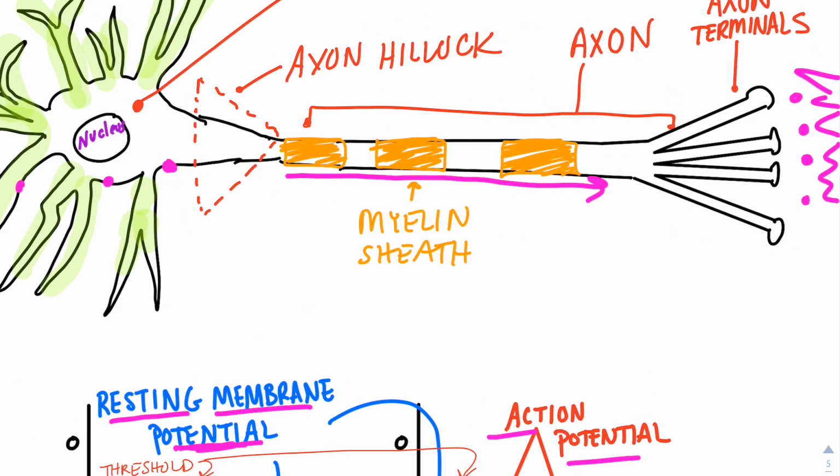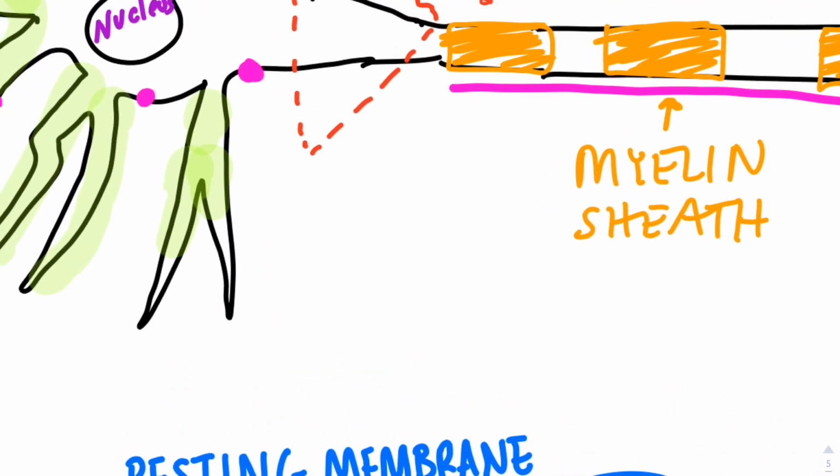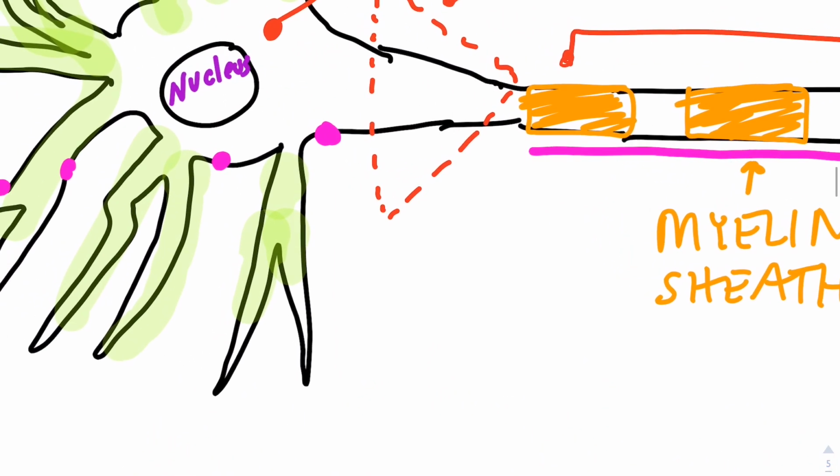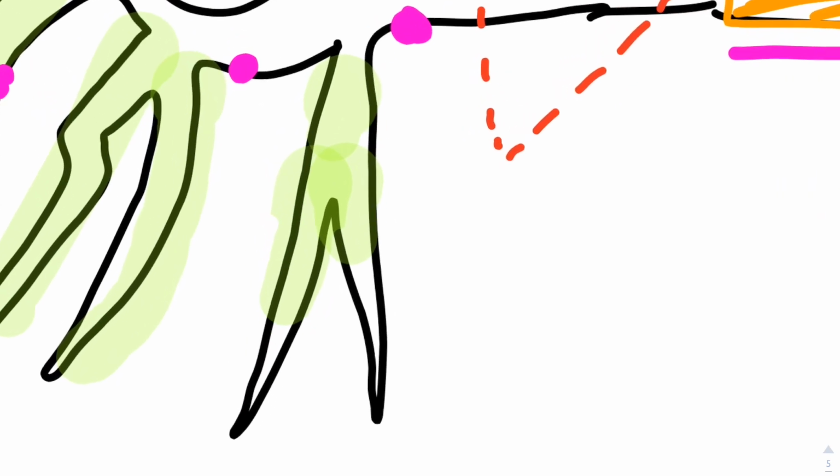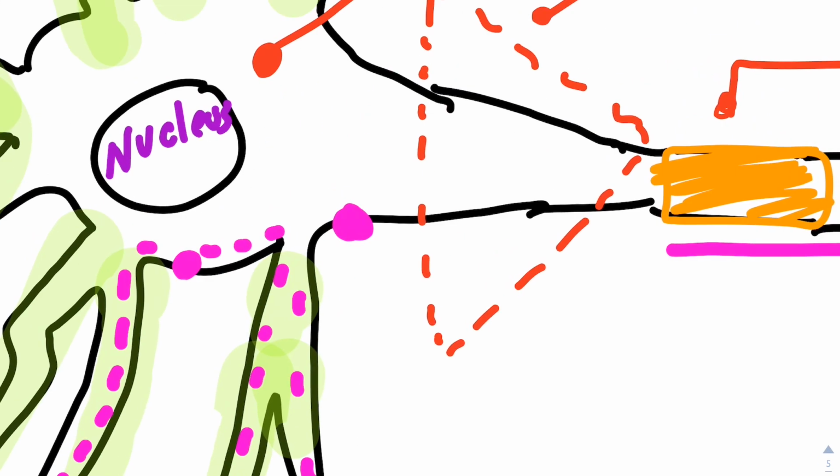Okay, so when it's negative 70, when you've achieved this, what it looks like at the dendrites and what it looks like at the cell body is it's negative inside along the edges of the neuron. So negative, negative, negative, inside along the edges. Cell body, negative, negative, negative.